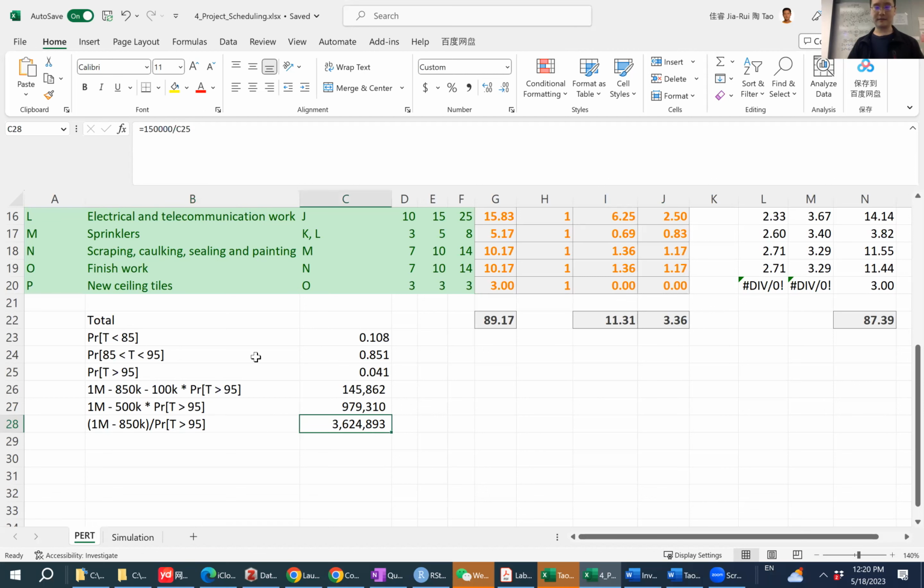That's how I derive this quantity as the gross revenue minus the cost, that's 150,000, divided by the probability of T greater than 95. That's 4.1%. And this quantity is huge. So we know that the contractor is willing to accept a very high liquidated damage amount. All right, our lab session is done.